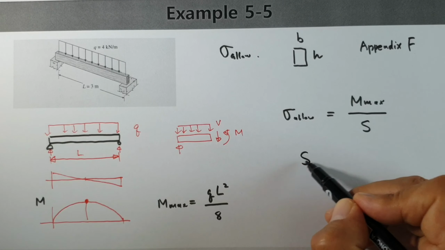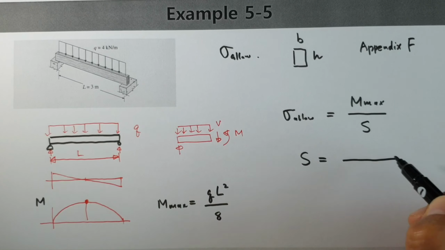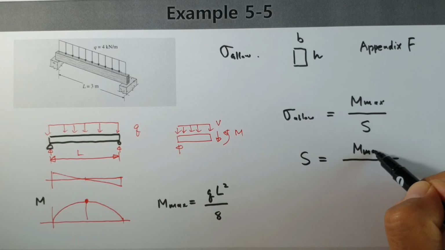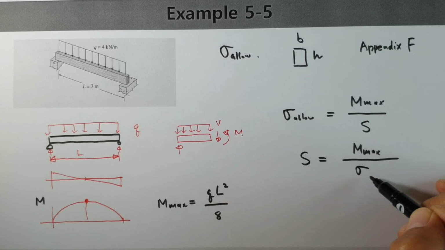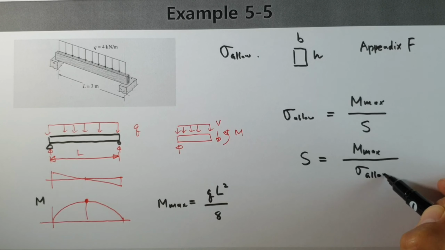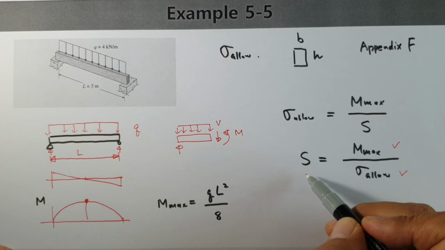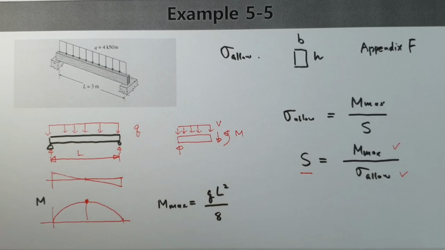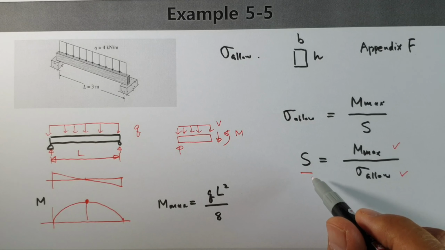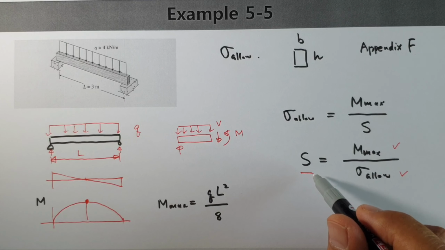When I change this one again, the maximum bending moment and the maximum allowable bending stress are like this one. We know the maximum bending moment, and this one is also given. Then we can calculate the S value. Okay. Section modulus.